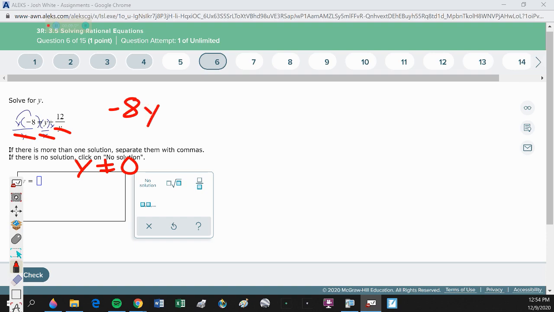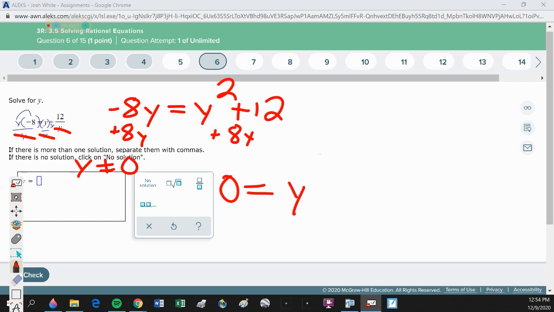And I get negative 8y equals y squared plus 12. Whenever I see y squared, I need to think there are two answers, so I need to factor. I move everything to the y squared side. And I have 0 equals y squared plus 8y plus 12.